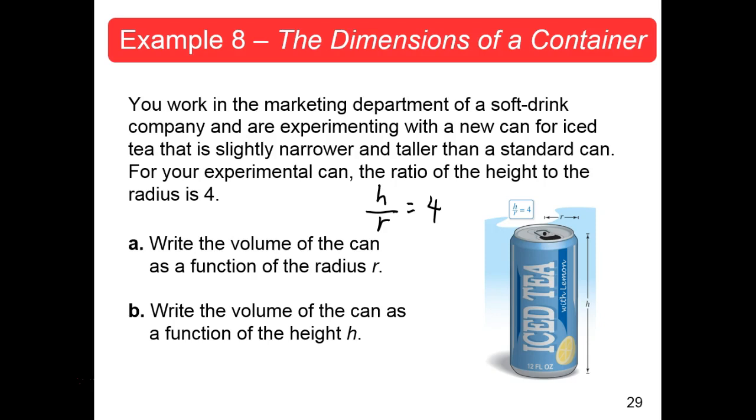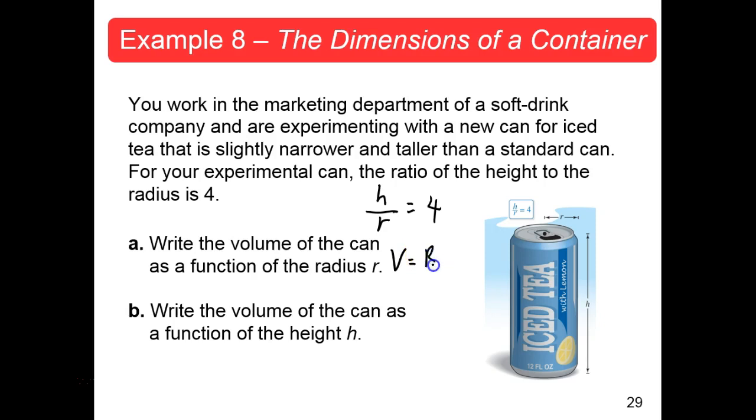All right. Now, here it says, write the volume of the can as a function of the radius r. Now, that's going to require a little more work. Does anyone know what the volume of a right circular cylinder is? If you don't, let me tell you.